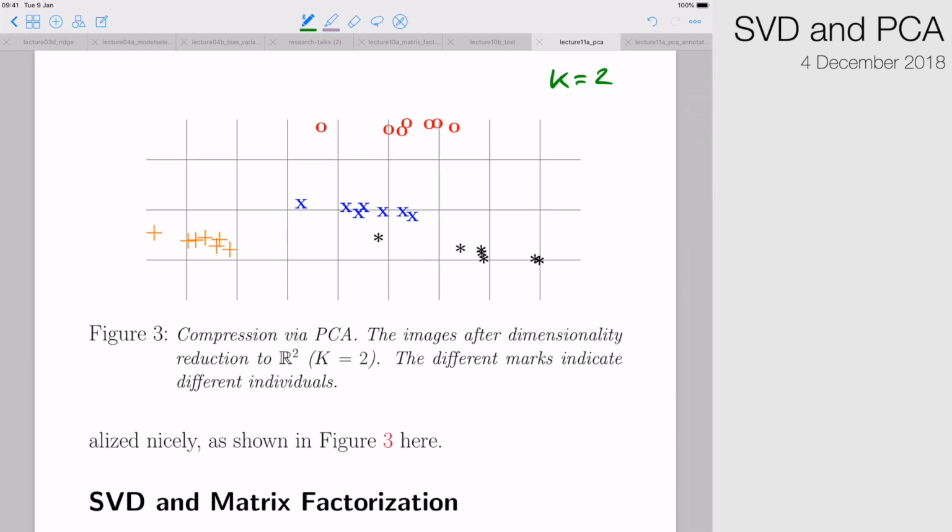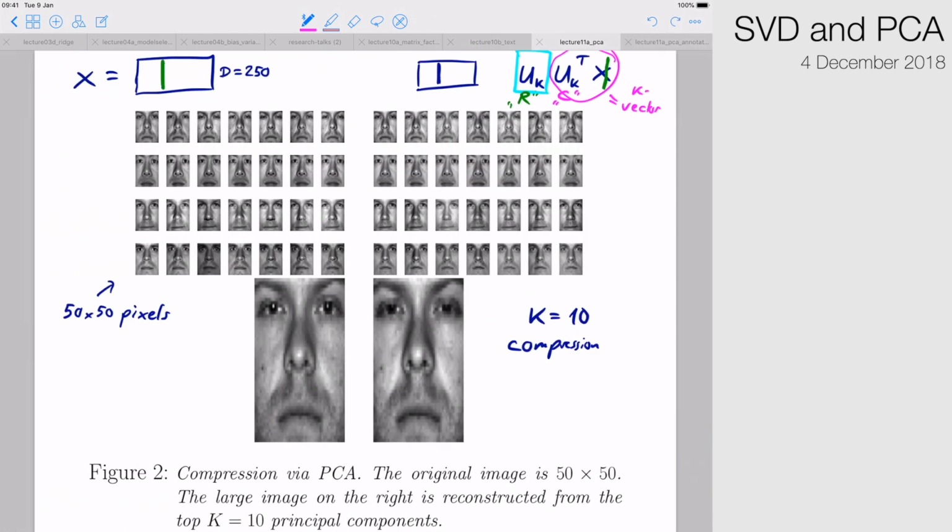Are they any meaningful? So let me clarify the coordinates here. There are two coordinates. I don't know, you can call them y1, y2. What are these coordinates? That's exactly here the expression, the compression actually. So here we have saying K equal 2, which is taking two vectors.